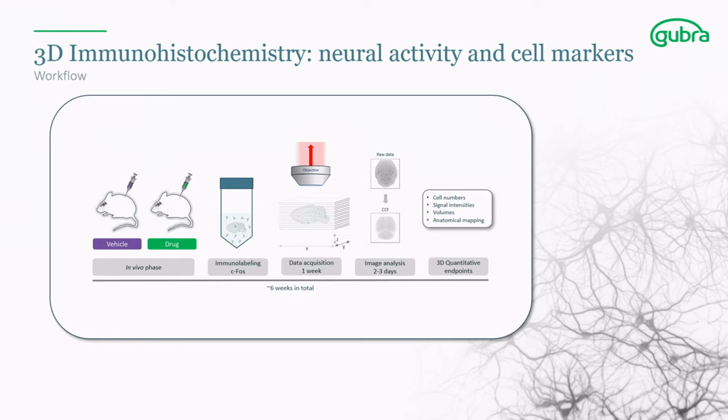In this case, we do have to label this marker, and for that, we typically use primary and secondary antibodies, although we're also starting to explore other options like conjugated antibodies. And after that, it follows a similar pipeline of imaging, registration to an atlas, and signal quantification, typically cell numbers per brain area.